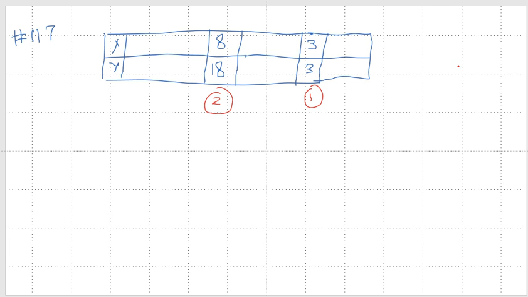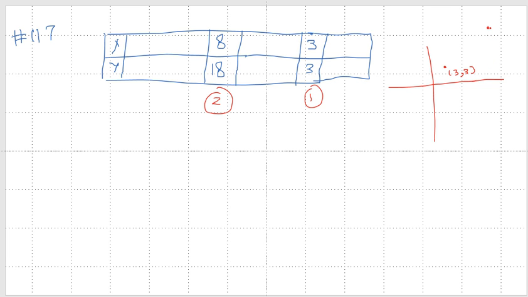Right? If you draw this line, you'll find one of these points goes through, let's say this is 3, 3. So this is 3, 3. And the other point is when x is 8, y is 18. Right? That's your other point.